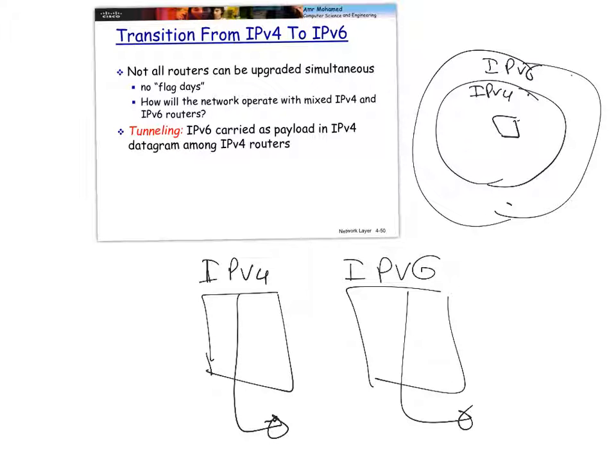But dual stack will not allow you to communicate between the two. So to communicate between an IPv4 and an IPv6 network, you kind of have to jump from this stack to this stack, or from this stack to this stack. In that case, the dual stack itself will not help you to do that. So you need a different mechanism, which is what we call tunneling.